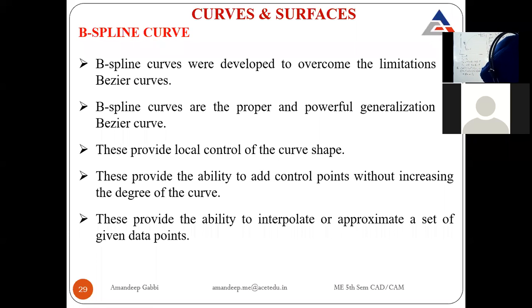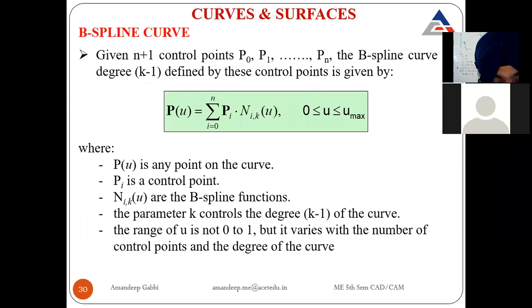In case of Bezier curve, the control points can be increased only while the degree of the curve changes. They also provide the flexibility to interpolate or approximate a set of given data points, wherever you want to keep the point outside, or wherever you want to keep the point on the curve.